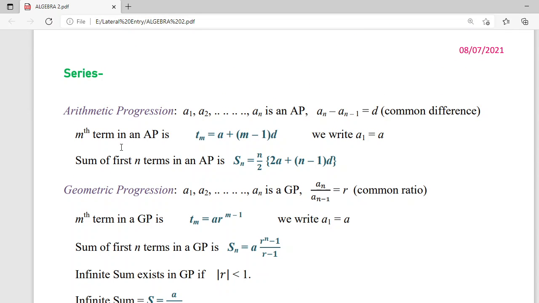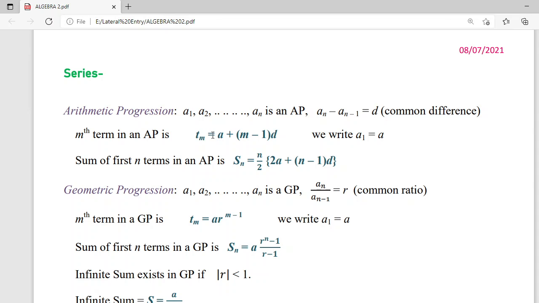In AP, the infinite sum doesn't exist. If the sum exists, then the terms should become very small.